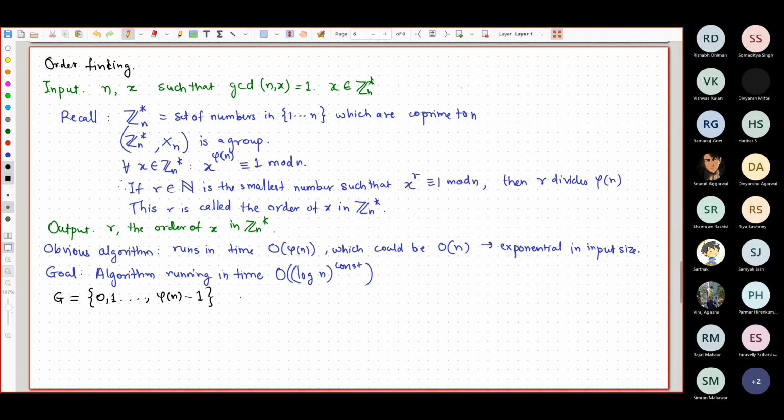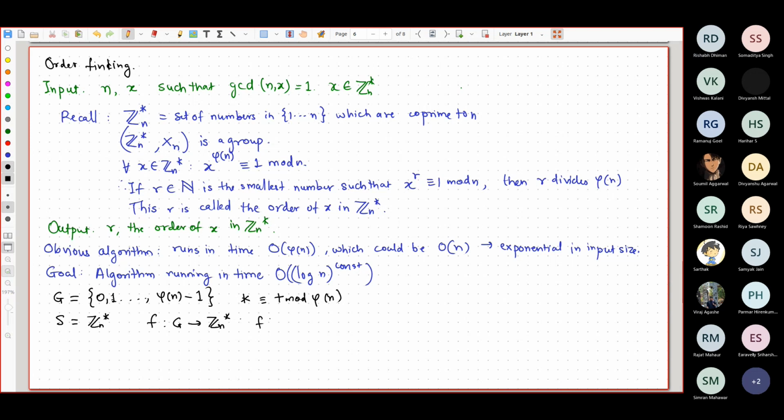And then your group operation star is just addition modulo phi of n. Okay? This is your group. Yeah. Then your set S is the Zn star. Okay. And your function f is f(r) equal to x to the r.